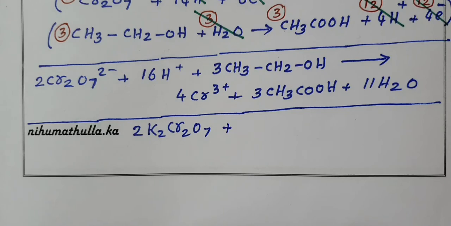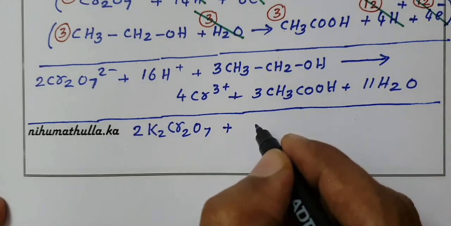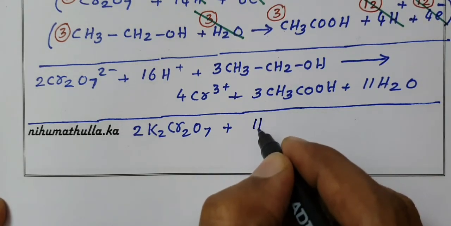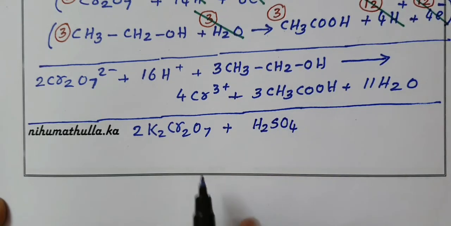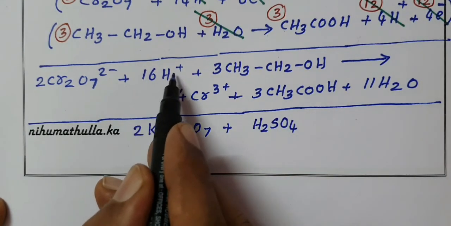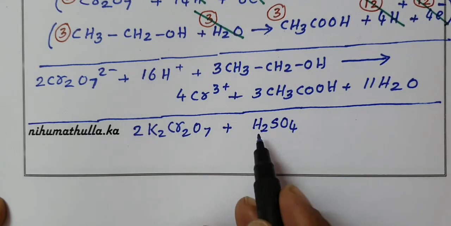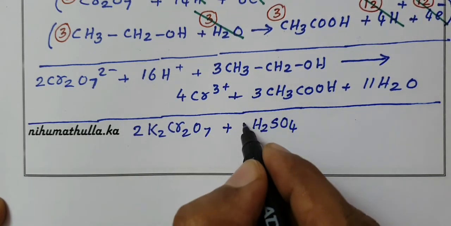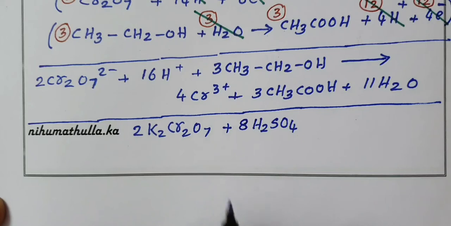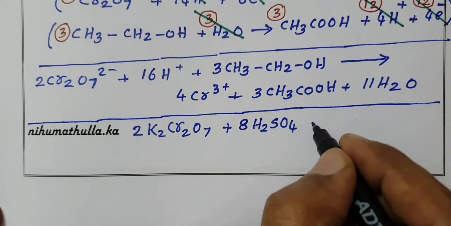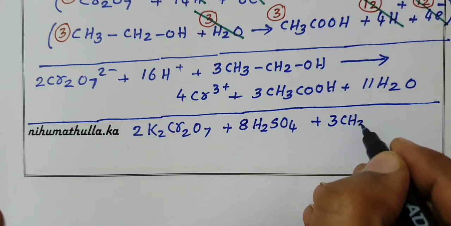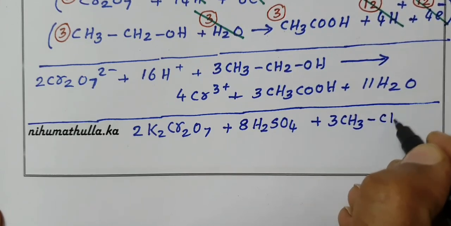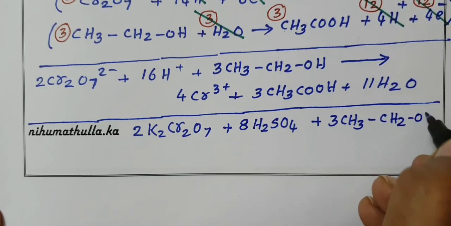Acidified means which acid is used? Sulfuric acid is used to make the medium acidic, H2SO4. How many H+ ions? 16 H+ ions. Here we have 2, 2 into 8 are 16 hydrogen, plus 3 molecules of ethyl alcohol, ethanol.